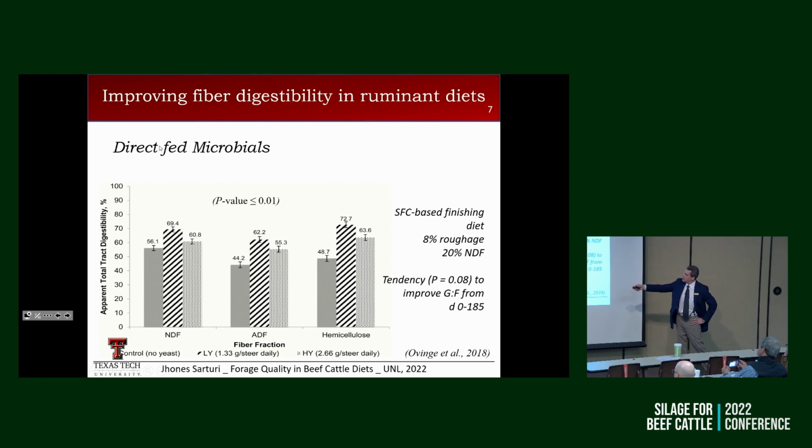But it shows that there is evidence for improving NDF digestibility, the tougher portion of the fiber degradation, as well as ADF digestibility, and even hemicellulose being improved as well. This is mixed in afterwards, right? We're not talking about silage right now. We're talking about something that we are feeding to the animal, a technology that you can apply afterwards.